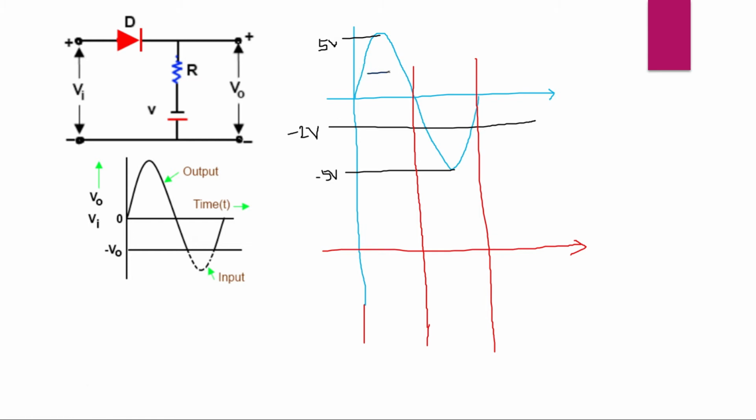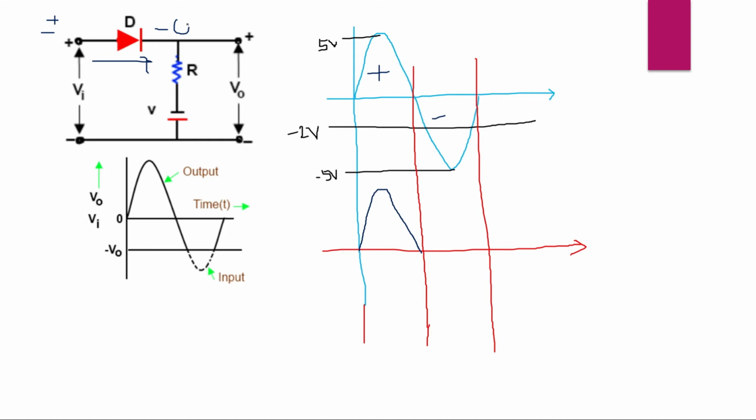During the positive half cycle, the diode is in forward bias mode, so it will allow all the signal. So the entire waveform comes. After that, during the negative half cycle, the diode is in reverse bias mode, so it will not allow the signal.